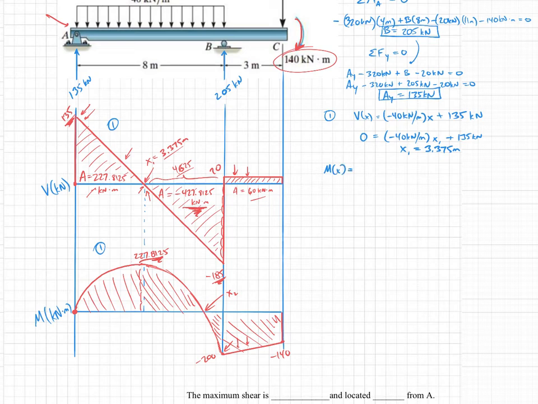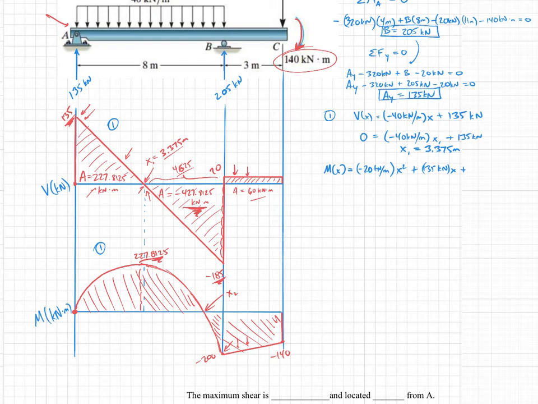Instead of negative 40 kilonewtons per meter times x, now I've got an x squared over 2, because I'm integrating, so it's going to be negative 20 kilonewtons per meter, because I had the x squared over 2 in this case. And then I can add the 135 kilonewtons times x.